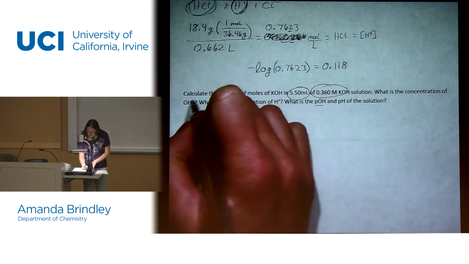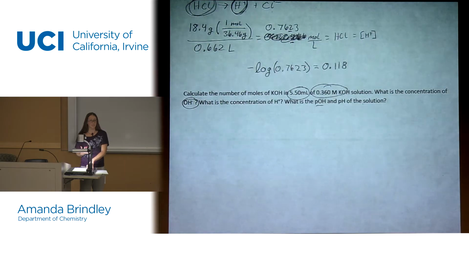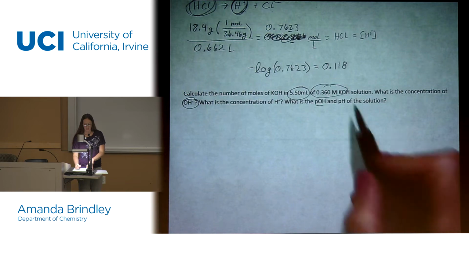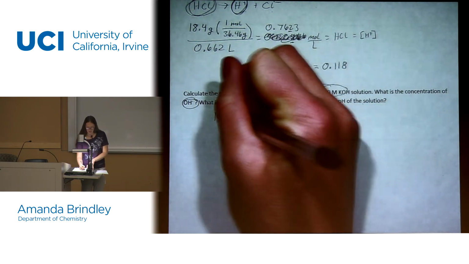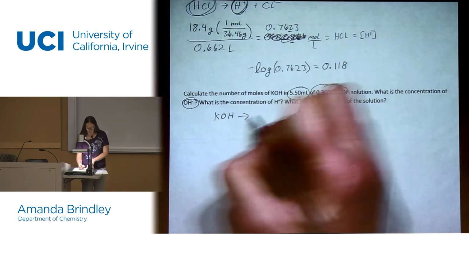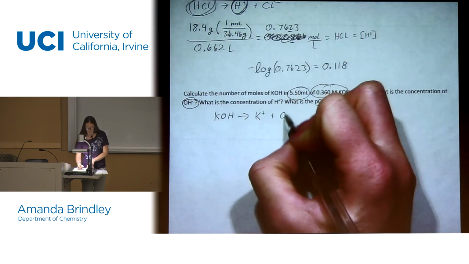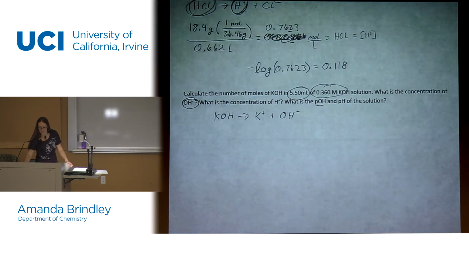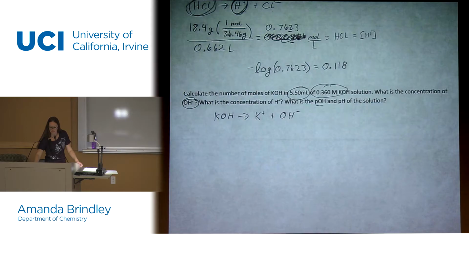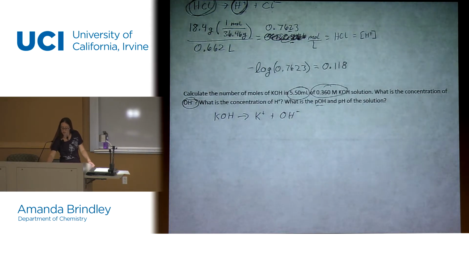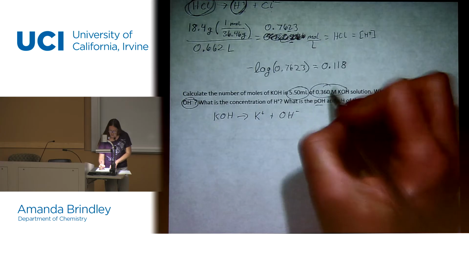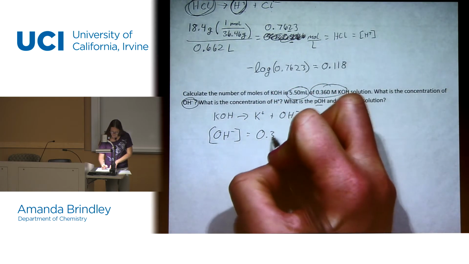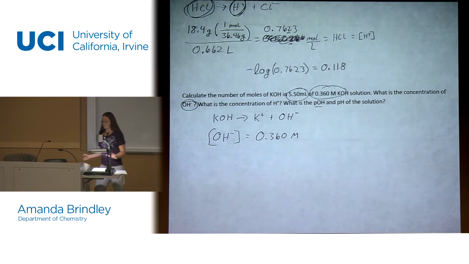Okay. Well, our concentration of OH minus is kind of already taken care of for us. Do we actually have to calculate anything to know that? If our KOH is a certain concentration, once we put that into water, what does that mean about our OH minus concentration? It's the same. Okay, so well, that was nice, right?